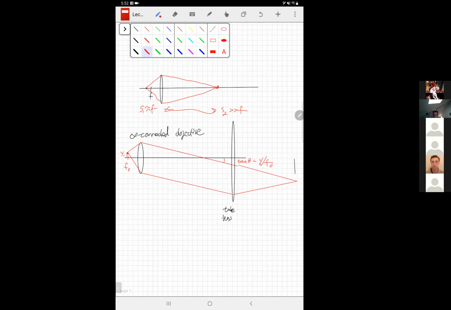Tan theta is Y1 over F objective. And this would be Y2. And Y2 would be F_T for the tube lens. Y2 would be F tube tan theta, which is F tube times Y1 over F_O for the objective. Any questions on that idea?